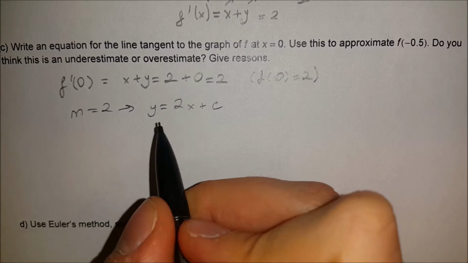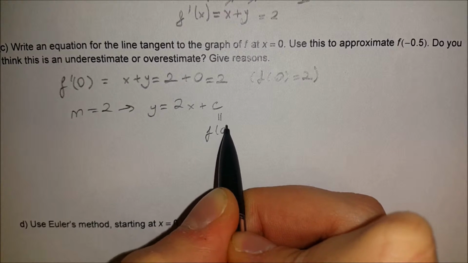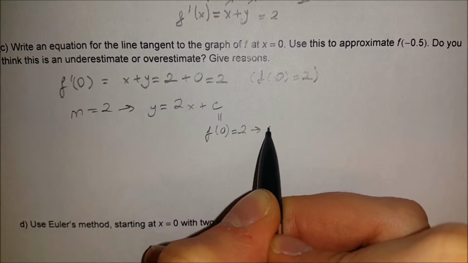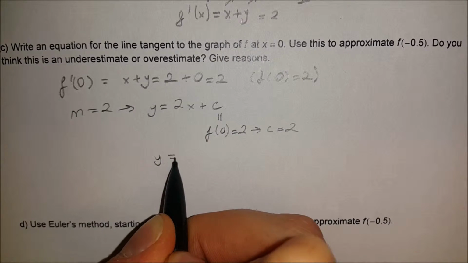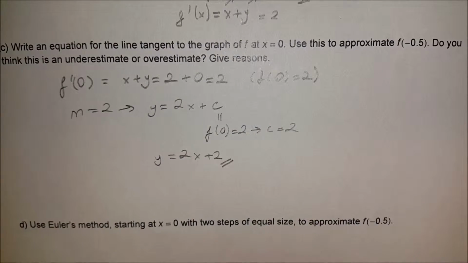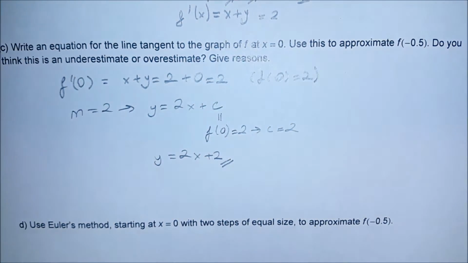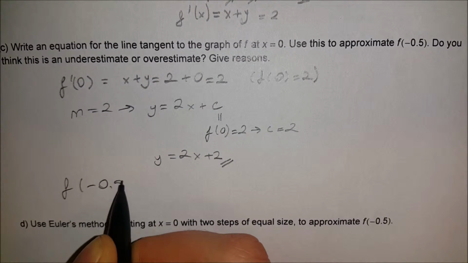So we write the equation as y equals 2x plus c. Then in order to find the constant, we use our initial condition. When x is 0, y is 2, then c turns out to be 2. So our equation for the line tangent to the graph of f at x equals 0 is y equals 2x plus 2. That is the equation.